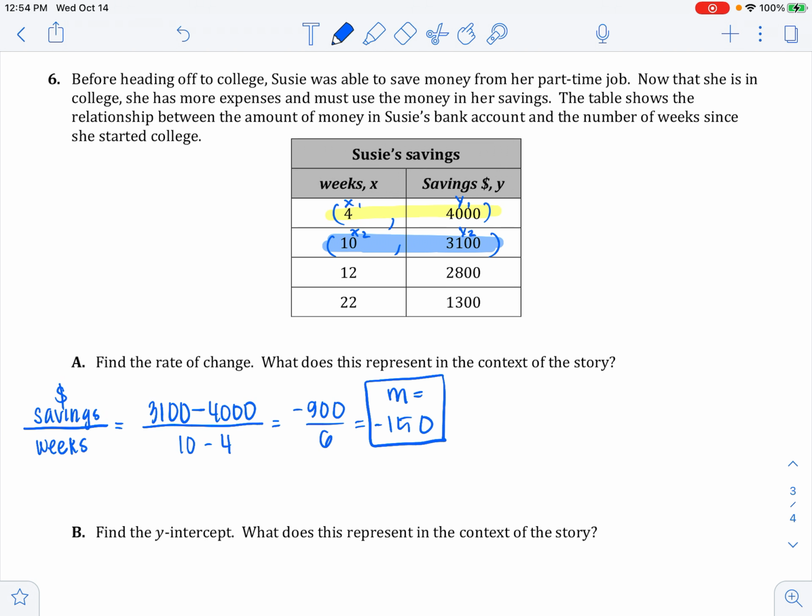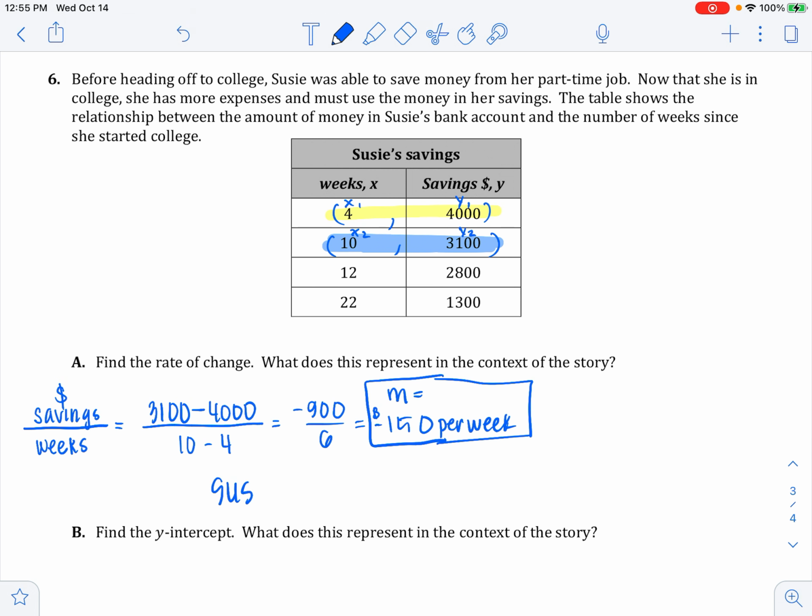But it also says, what does this represent in the context of the story? So I need a rate on this, right? Because M equals negative 150 isn't showing a rate. So let's say what our rate is. This was dollars per week. So I can put a little dollar sign right here and then put per week if I want. So we're going to write it in the context of the story.